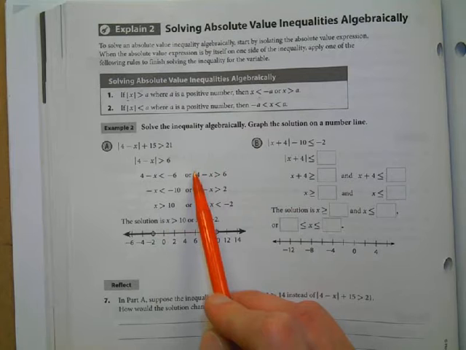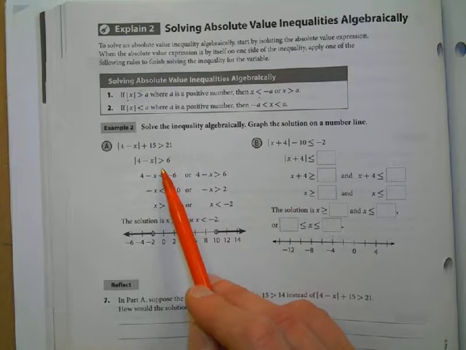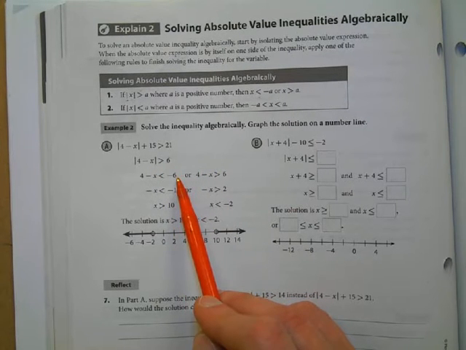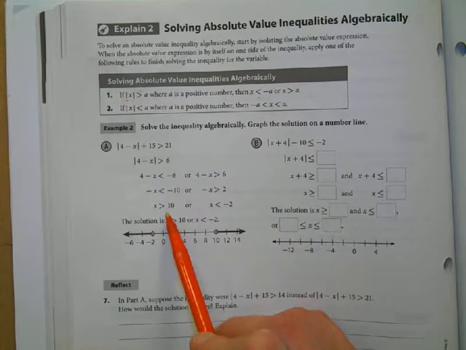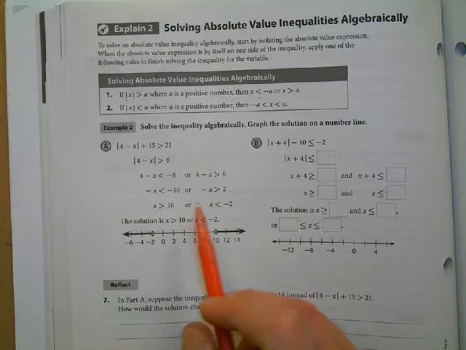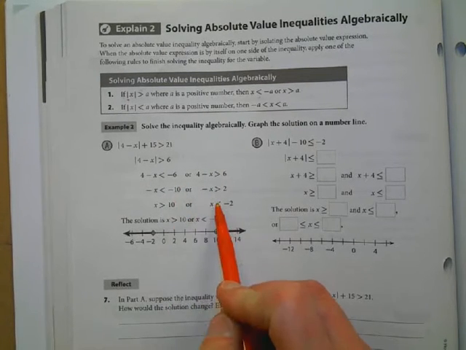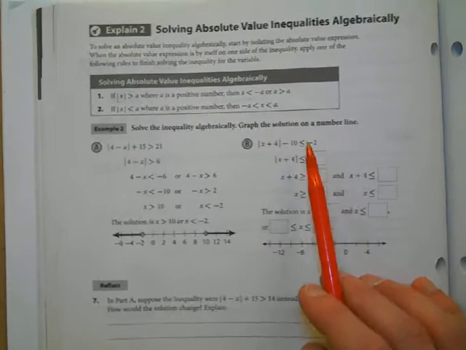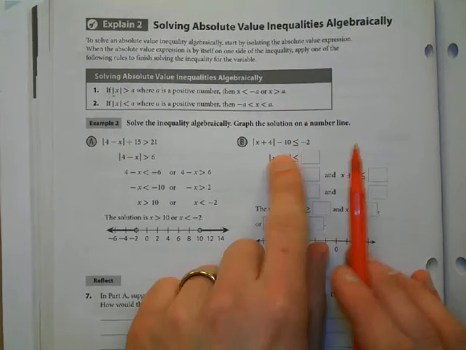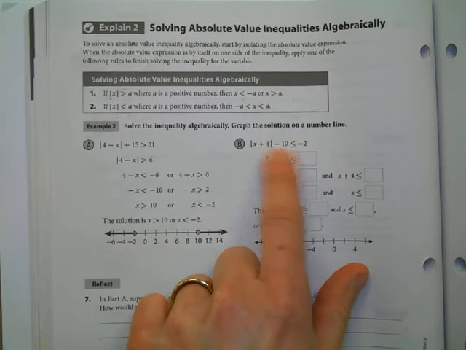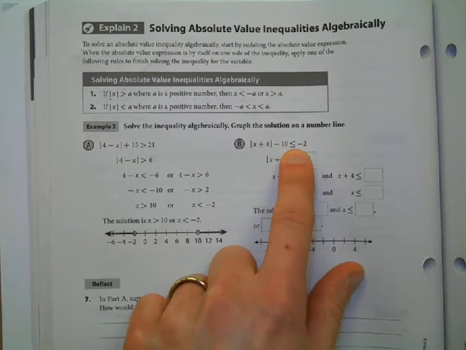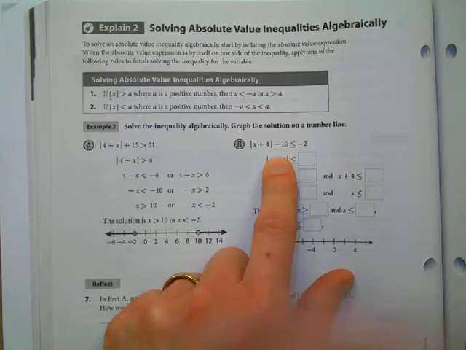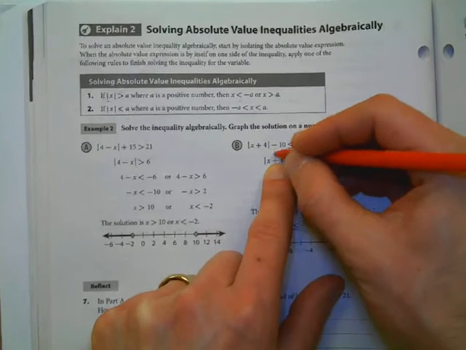Okay? Here, for less than or equal to negative 2, so here's this one. What should we do for our first step here for letter B? Add 10 to both sides. And so when we add 10 and add 10, we're going to get an 8 here. But now since it's a less than or equal to, we want x plus 4 to be greater than or equal to negative 8. So again, look what happens. The inequality sign flips around, and this goes from a positive 8 to a negative 8.